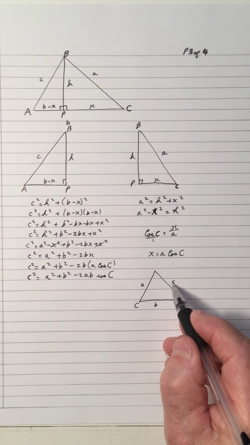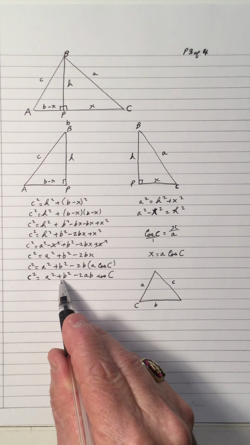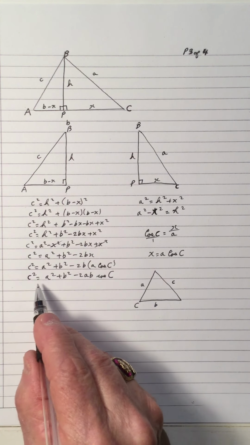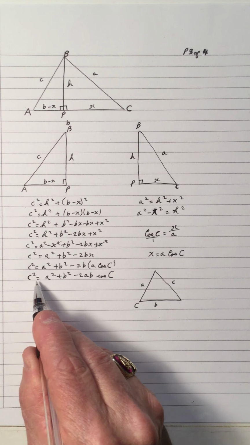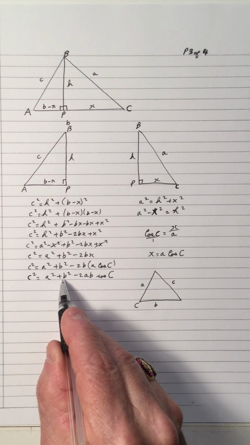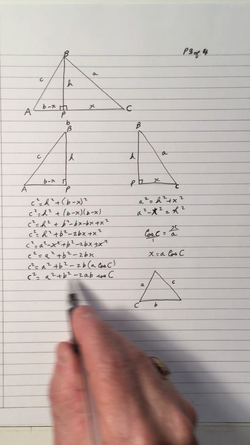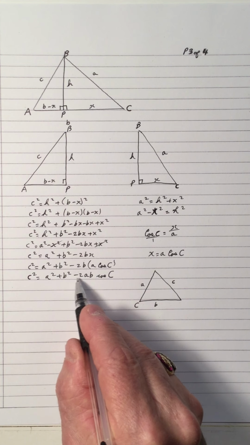So c squared equals a squared plus b squared minus 2ab cos C. Notice the Pythagorean: if you have a right triangle, c squared equals a squared plus b squared. So this is the one I use all the time. And not only that, notice that's an a squared, b squared, minus 2.